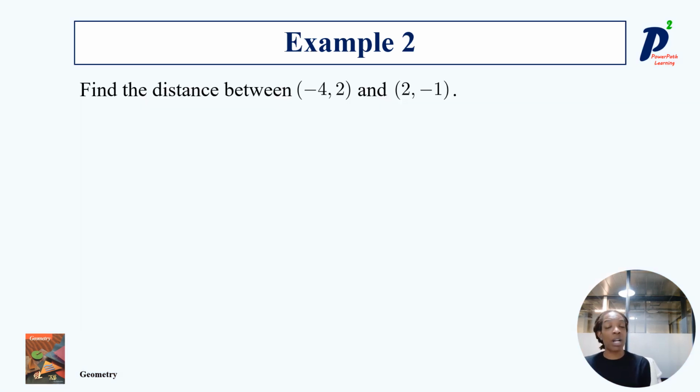So now what I'd love for you to do is take the formula that we just learned and try it with example number 2, where we need to find the distance between (-4, 2) and (2, -1). Okay, I'm going to start my answer in 3, 2, 1, now. First, I'm going to identify my coordinates. X1 is -4, Y1 is 2, X2 is 2, and Y2 is -1.